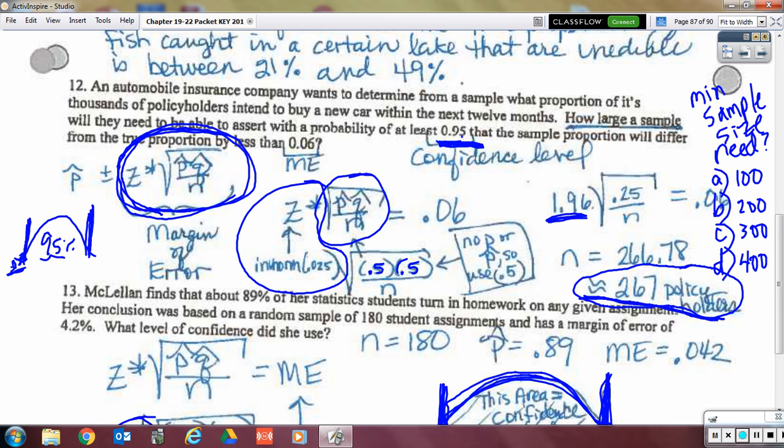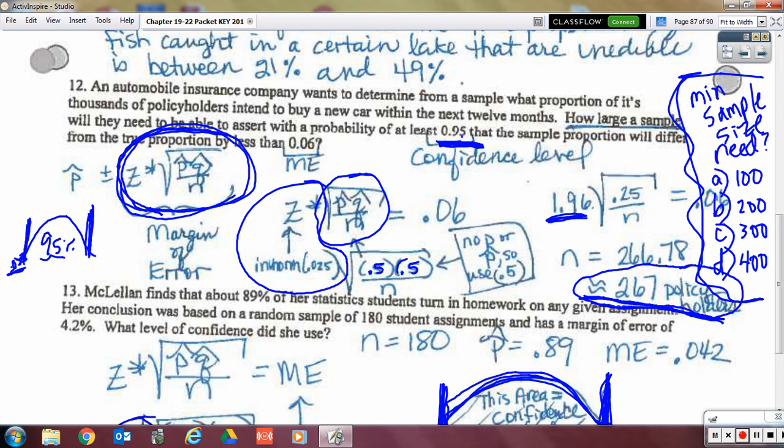What is the minimum sample size needed in order to meet those requirements, so that the sample proportion will differ from the true proportion by less than 0.06? So I do my math, and I go, oh, I need to have at least 267. So here is your multiple choice. Is A, 100, going to meet the requirements?